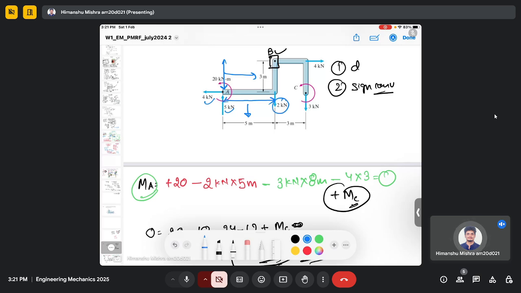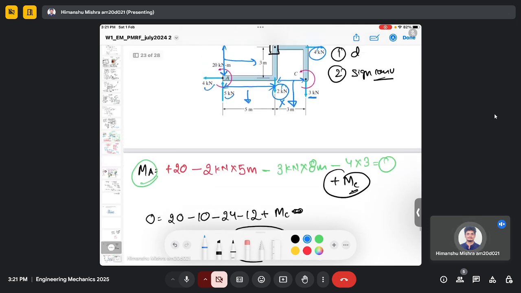Again, this force now doesn't have any perpendicular distance to B, so this will not create any movement, and this force also doesn't have any perpendicular distance to B. So this force will not create a movement at point B, and this 3 kilonewton force has a perpendicular distance of 3 meter.